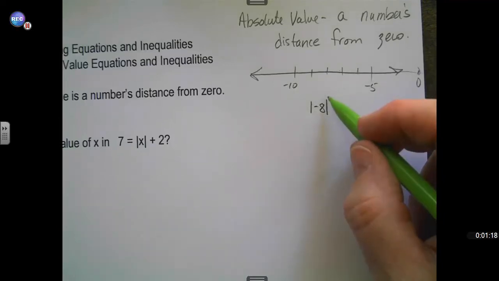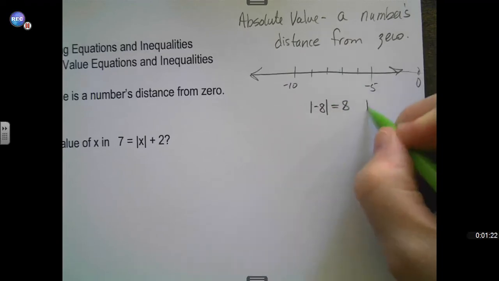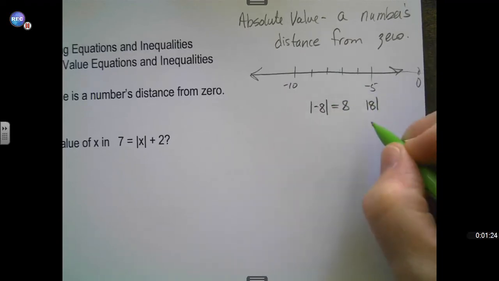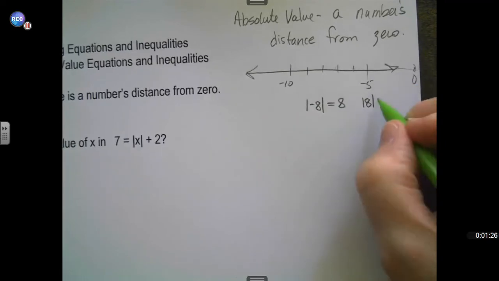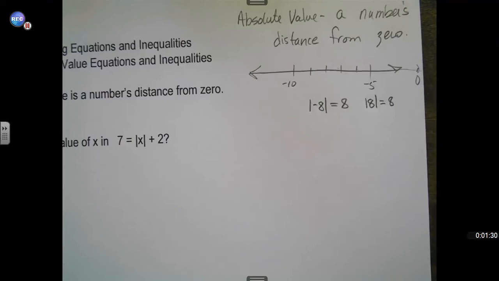So the absolute value of -8 is 8. The absolute value of +8 is also 8 units from 0, so it is also 8. Distance is positive, and so a number's distance from 0 is positive.